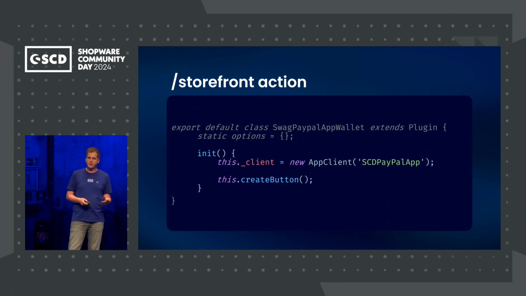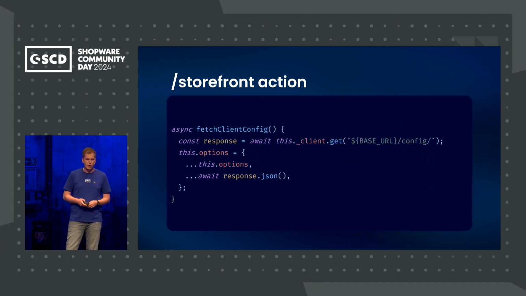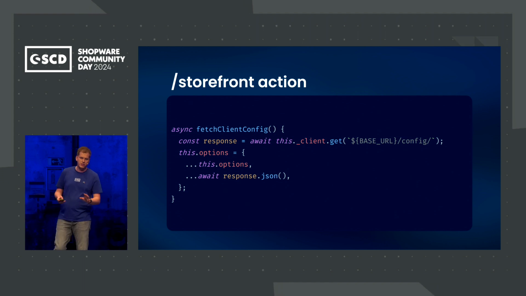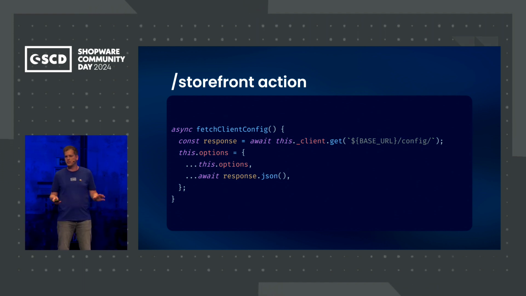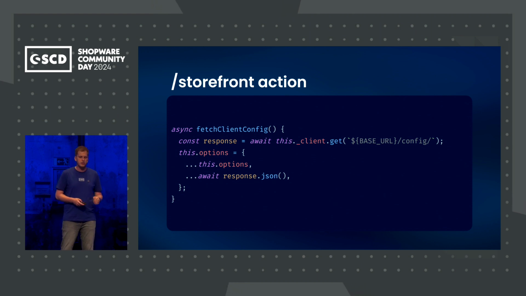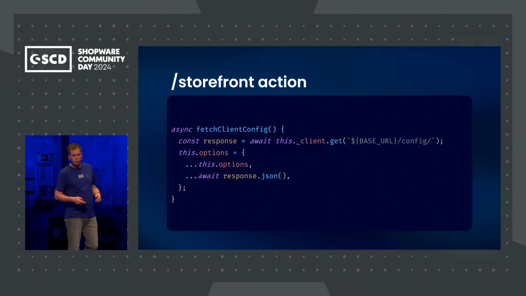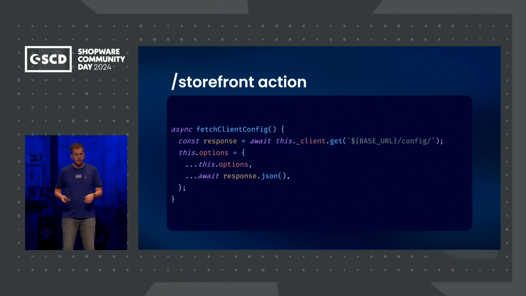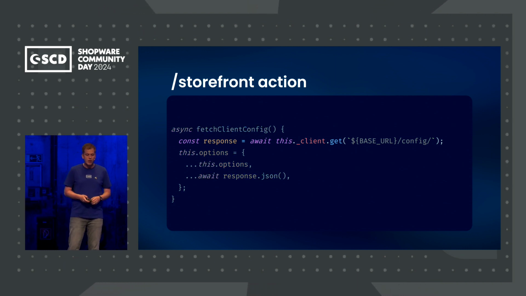After this, we create the button. We will come to this now. Inside this create button, I will not hassle with the details of how to render these buttons. It's very well documented on PayPal's side. We just keep on focusing on what data we need. And as you can see here, we have this method which fetches a client config for us, and it's all done in this single line of code.